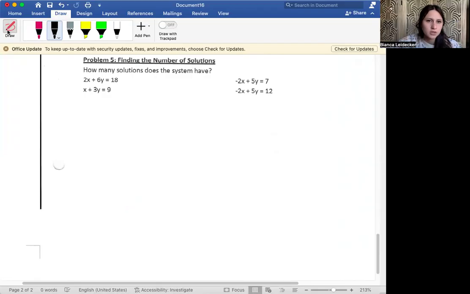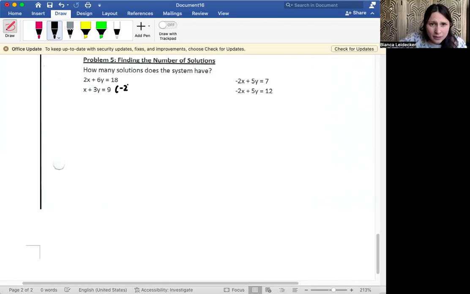Finding the number of solutions. So just a heads up, this is going to be one of those situations where maybe you have all real numbers, or no solution. Okay. So looking at this, is there a way I could eliminate one of my terms? Well, if I'm applying this multiplication, if I could change 2x to be a -2x, that would work out for me.